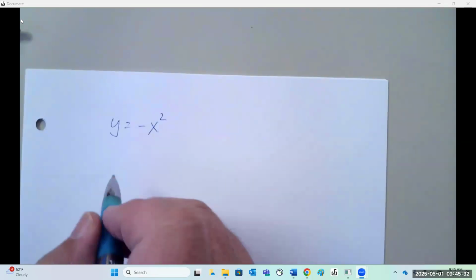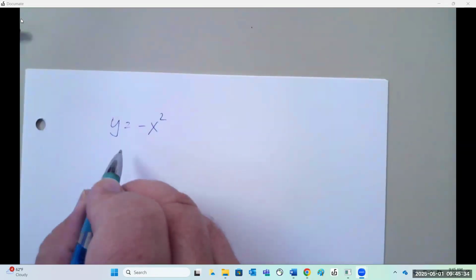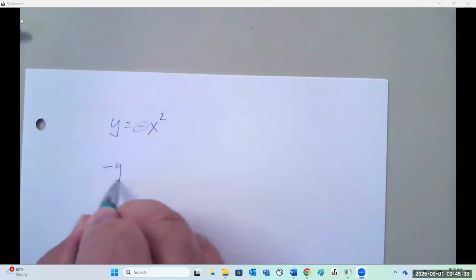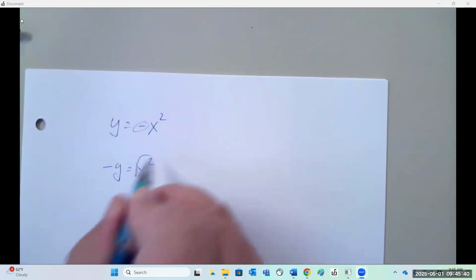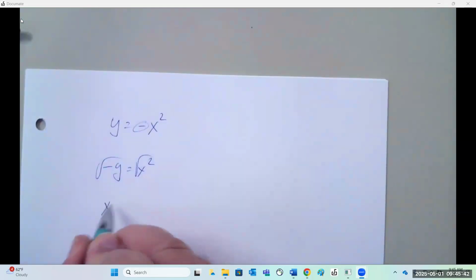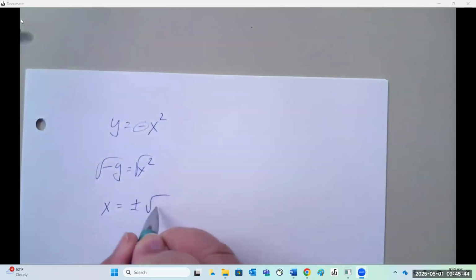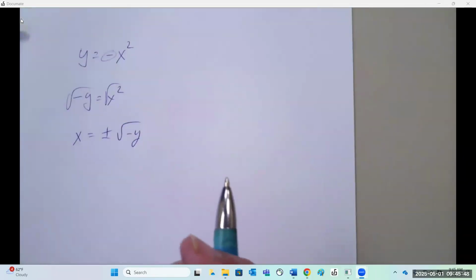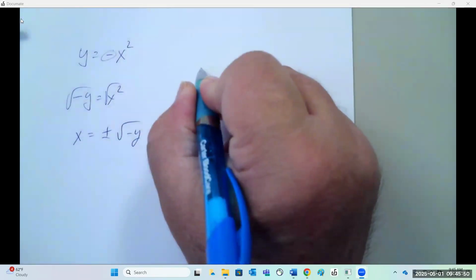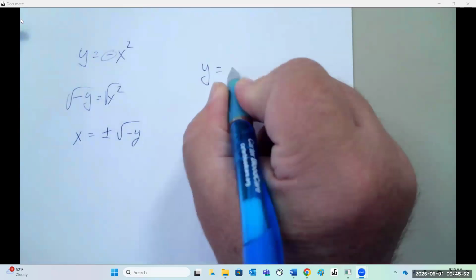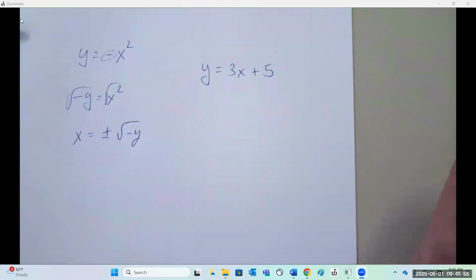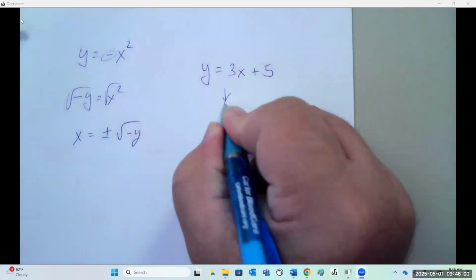Well, you solve for x. First off, it won't happen, because if the first thing you have to do is change the signs, then you have to square root, and now you have an imaginary. You can't graph imaginaries. But if you were given something like this, then the first thing you have to do is solve for x.